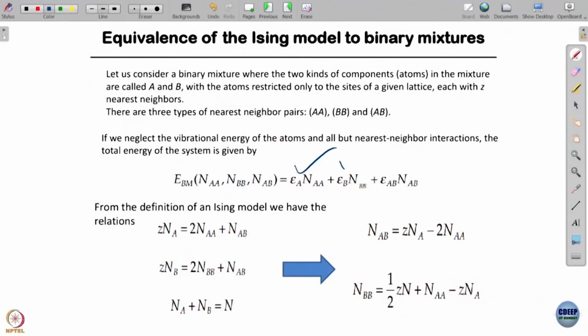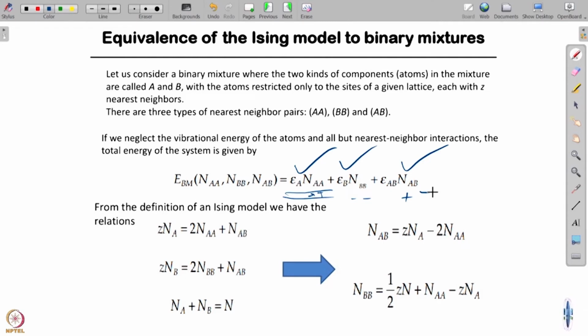So, here now I do exactly the same thing. I write the binary mixture energy with epsilon AA, NAA, these are the contacts, NBB, NAB. So, just like there I have N plus plus, this is N minus minus, this is N plus minus.